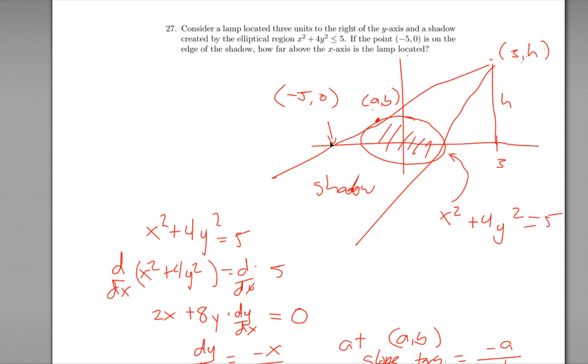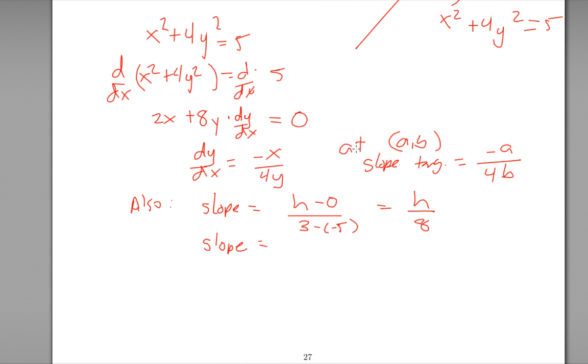The slope of this little piece of the line is b minus 0 divided by a minus negative 5, so that is equal to b over a plus 5. So all of these three things have to be the same number.